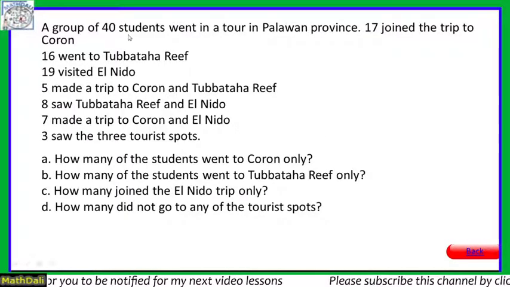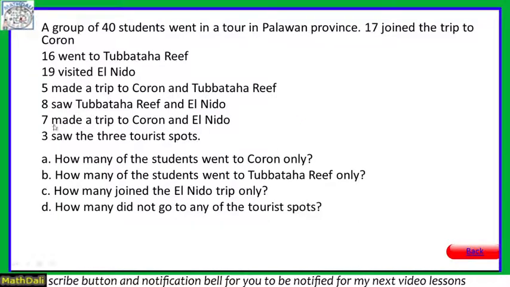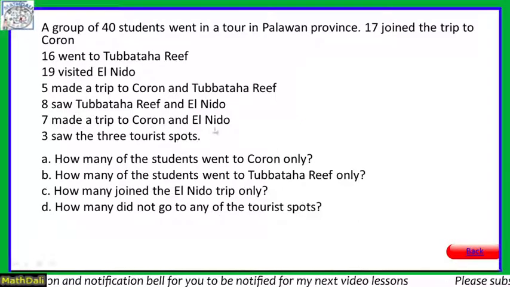A group of 40 students went to a tour in Palawan province. 17 joined the trip to Coron. 16 went to Tubbataha Reef. 19 visited El Nido. 5 made a trip to Coron and Tubbataha Reef. 8 saw the Tubbataha Reef and El Nido. 7 made a trip to Coron and El Nido. 3 saw the 3 tourist spots.